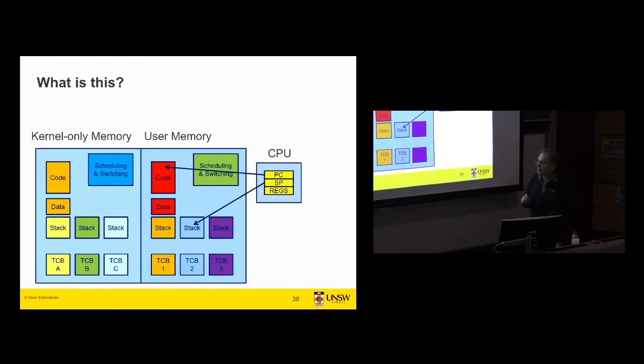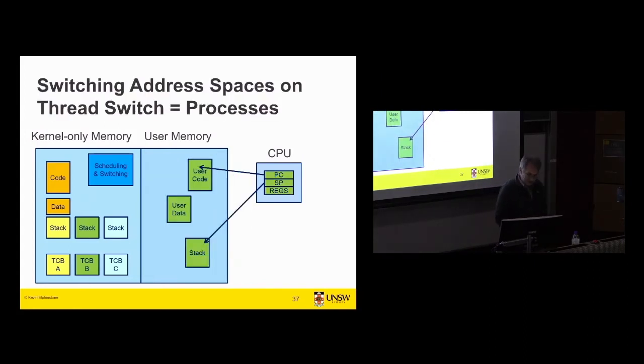So what's this? What's the alternative? Yes. So this is user level threads. Okay. So kernel level threads would be an environment like this where we have multiple threads of control, i.e. another stack.